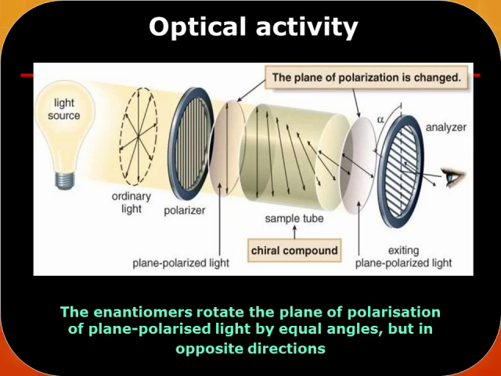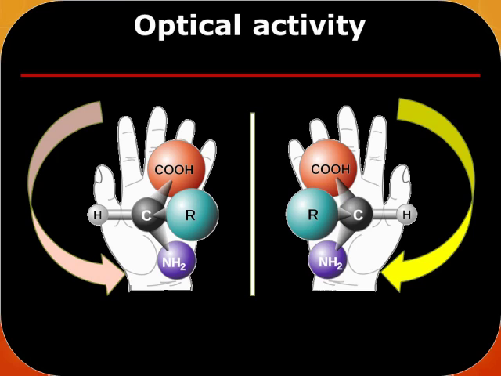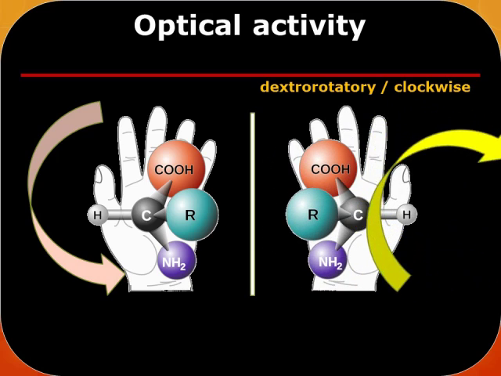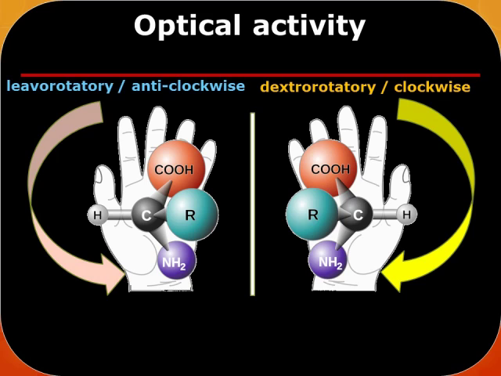Let's have a look at how the enantiomers rotate the plane of plane polarized light. Here is the optical activity of two different enantiomers. One is the dextrorotatory enantiomer, named dextrorotatory or simply the D enantiomer, which rotates the plane of polarization of plane polarized light clockwise.